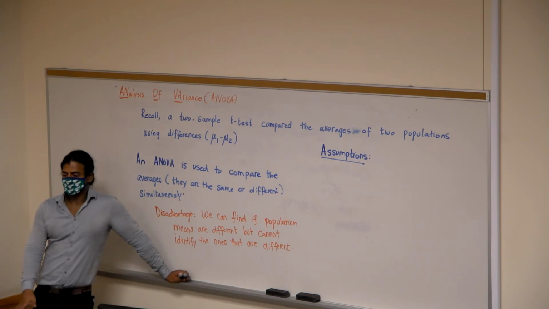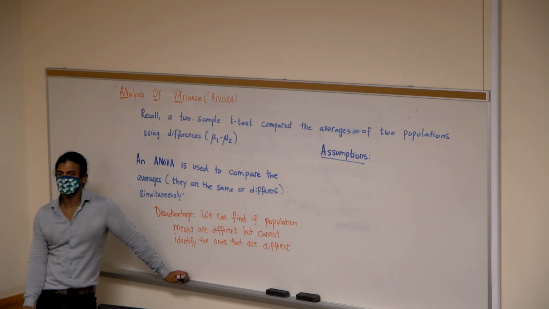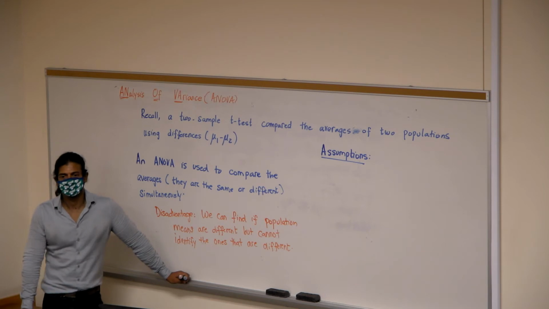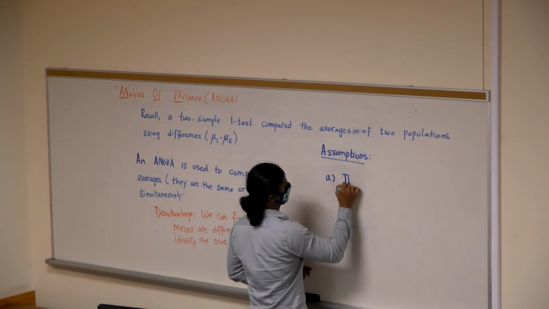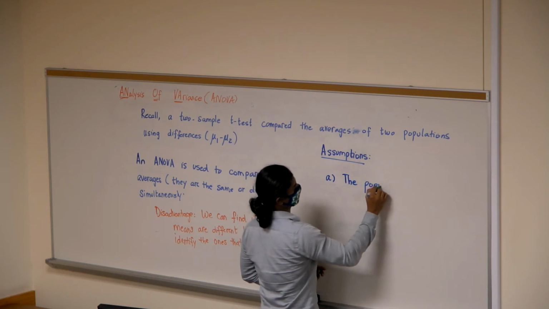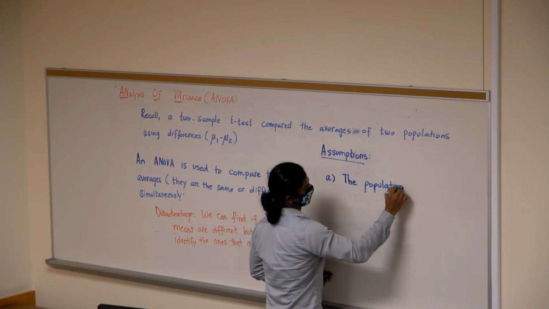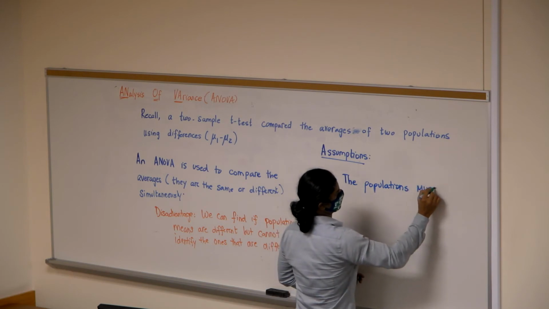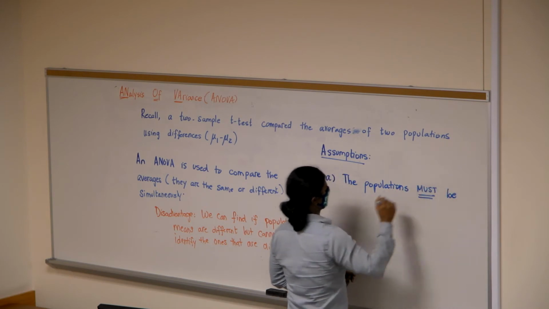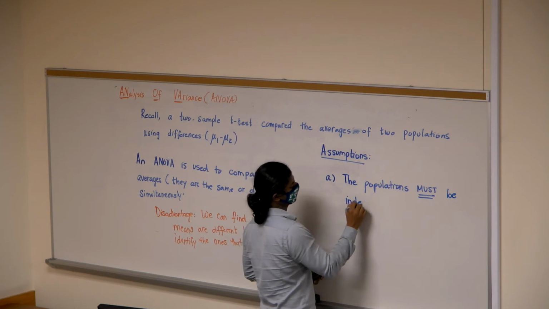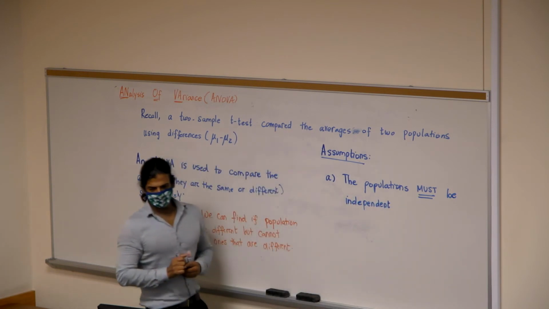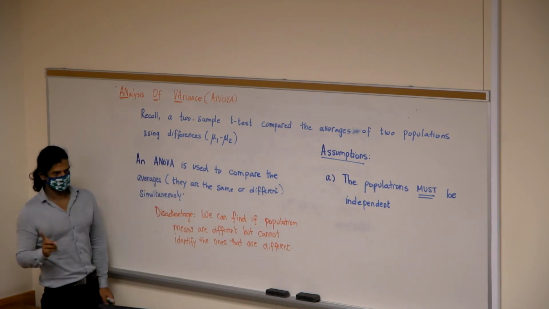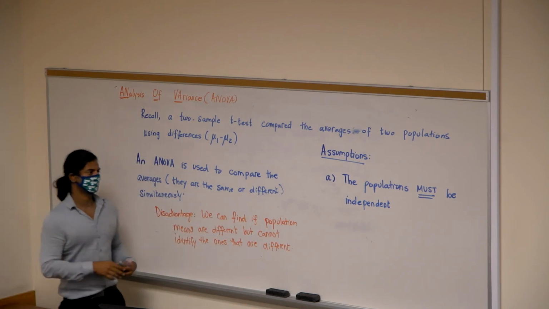The populations have to be, think of July 4th, independent of each other. So here, it must be independent. In other words, they cannot have any sort of correlation.